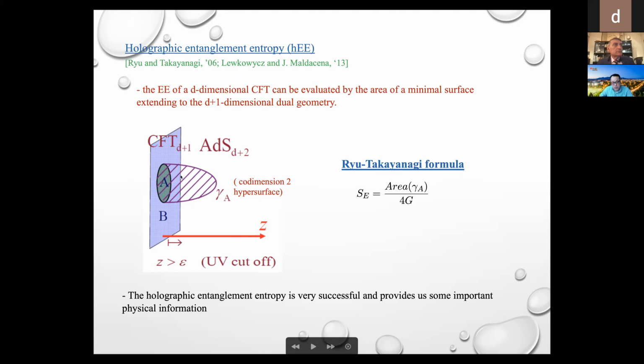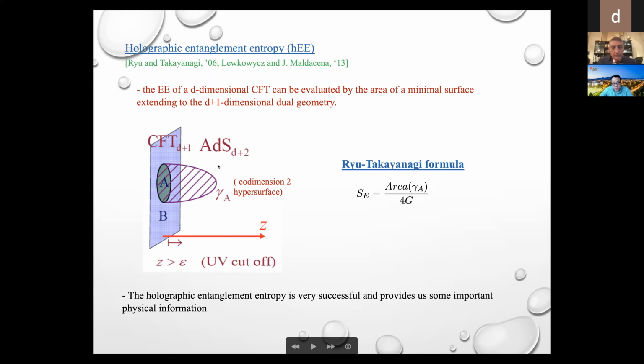This minimal surface extends into the dual geometry, which has one dimension higher than the boundary. So this is our usual definition of the holographic entanglement entropy.